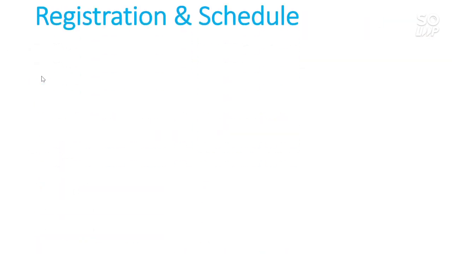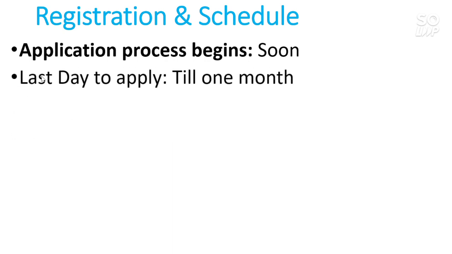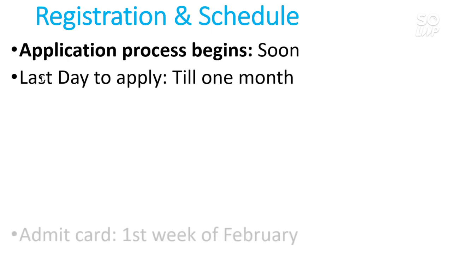So let us start today's video with registration and schedule. The application process will begin very soon, from tomorrow or the day after tomorrow, and you will have one month from the start to apply for JEE 2021.